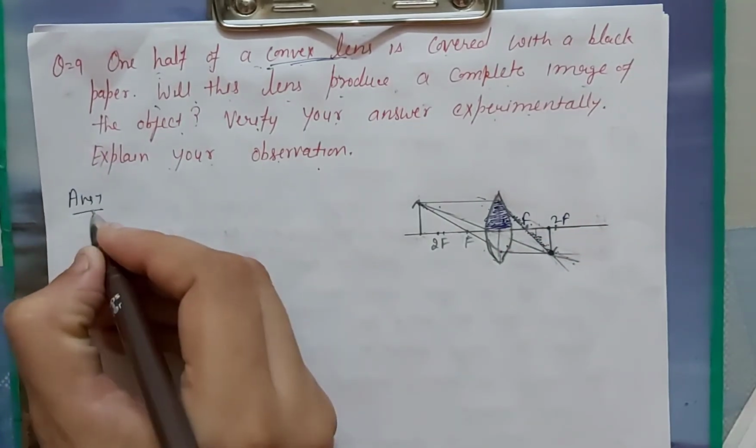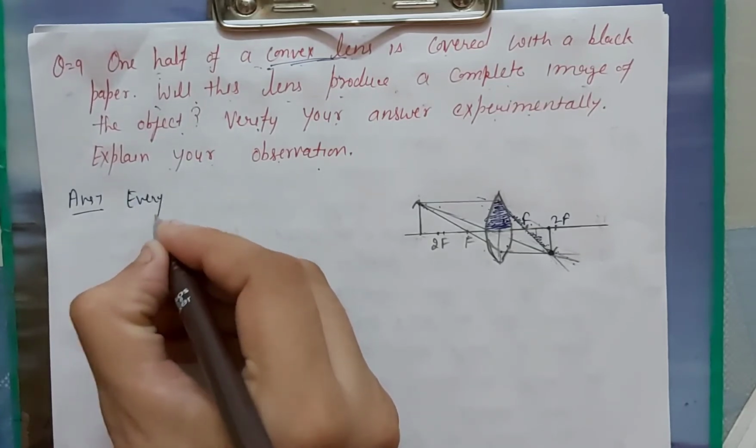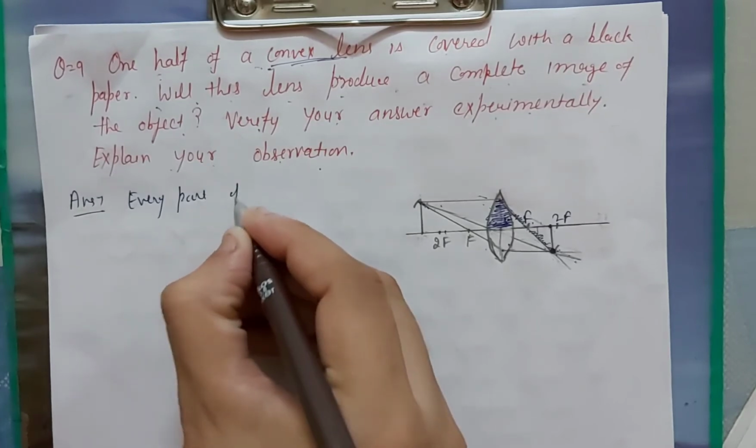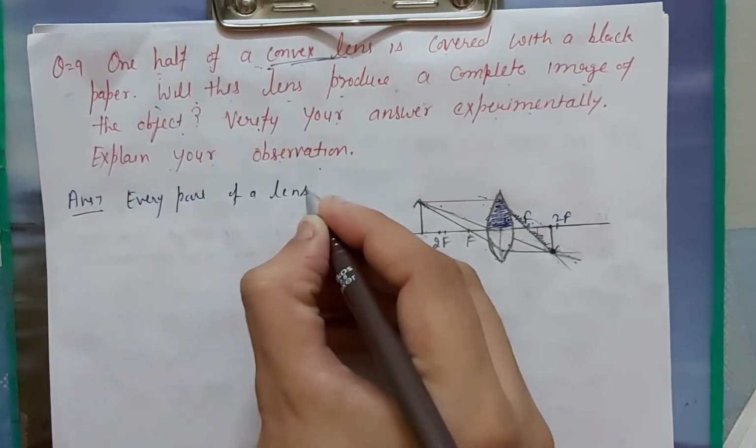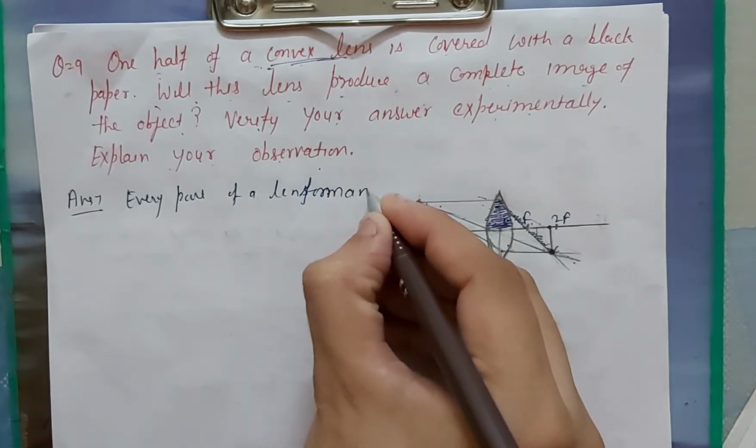So what we can write: every part of a lens forms an image.